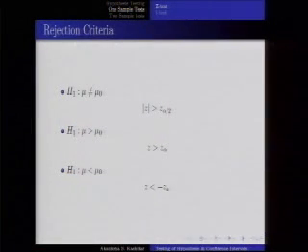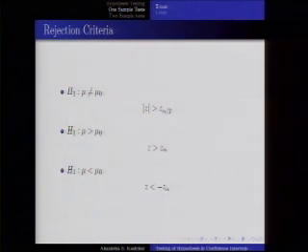Suppose my H1 is one-tailed, for example mu greater than mu naught. Then my H1 says that the population mean has to be greater than mu naught. So my region favorable to H1 would be Z greater than Z alpha. I have only a one-tailed critical region.